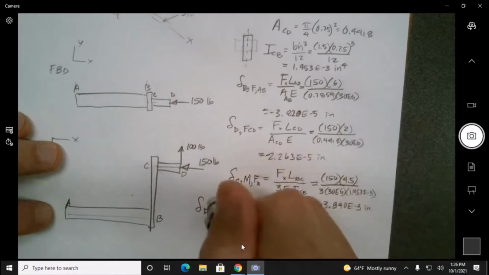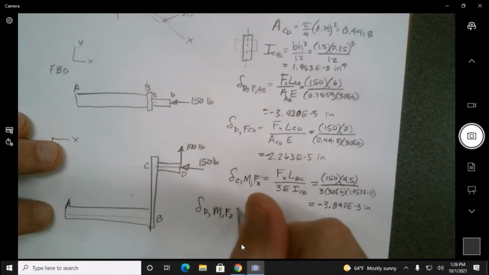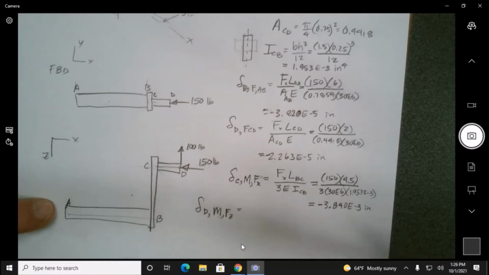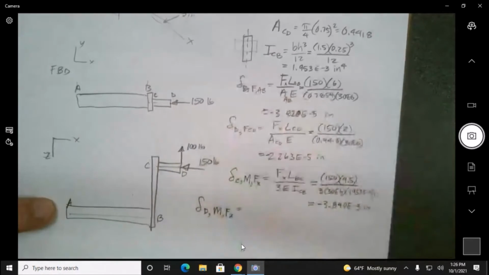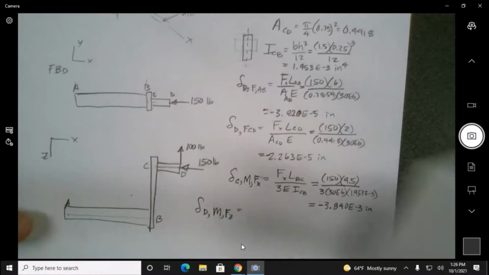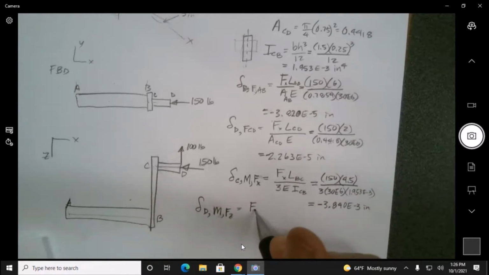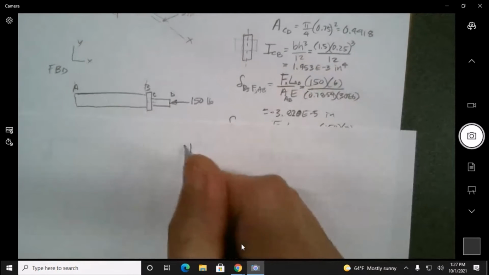I wish I had my notes with me. Here I was nice and consistent with these subscript things, but instead of subscripts, you might just want to write out what it is you're doing, so you can add them up at the end. But this is going to be the same equation right here. I don't have enough room, so I'll start a scrap of paper, maybe. I want F of z, L of CD over 3E, and then I of CD. So I need room for my I of CD.